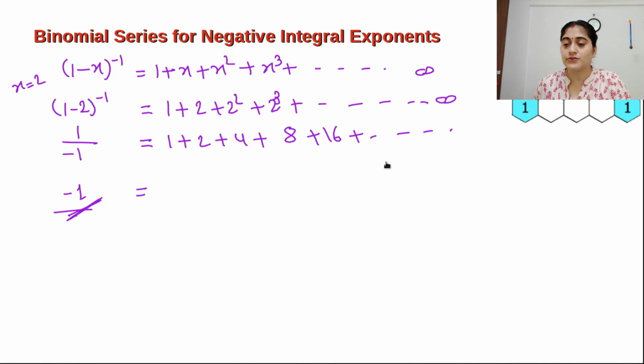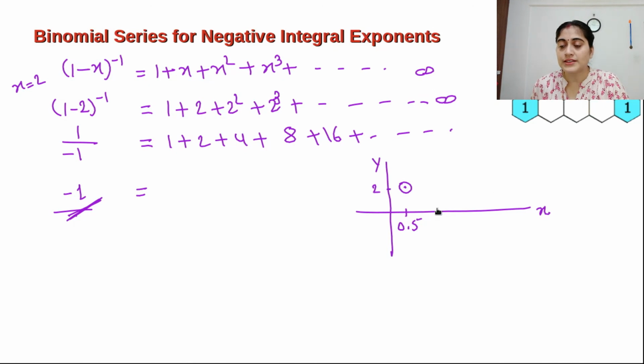If you look at the graph, this is x and this is y. When your x equals 0.5, the answer was 2, so it gets a result through this series. But when your x equals 2, the result should come as minus 1.